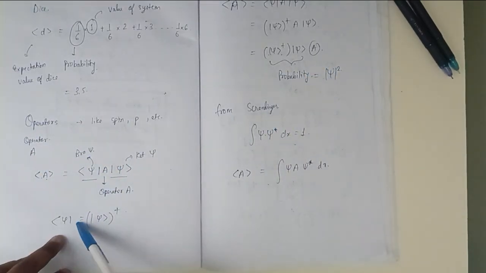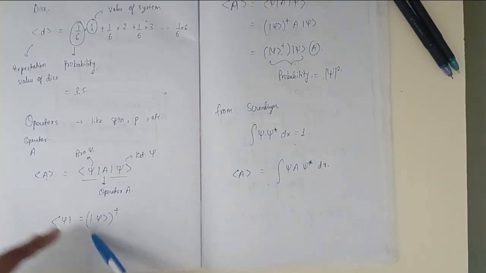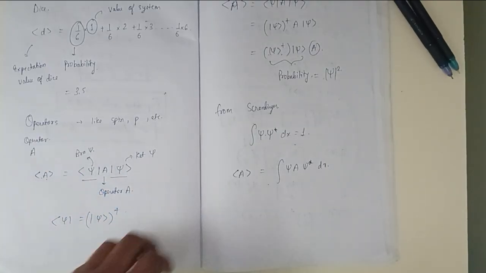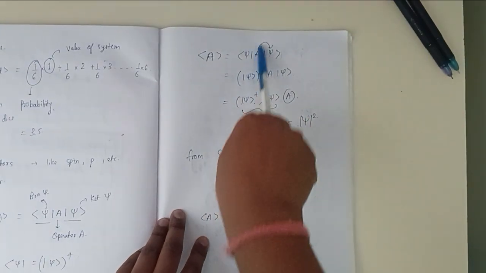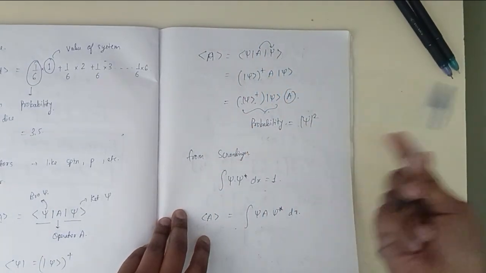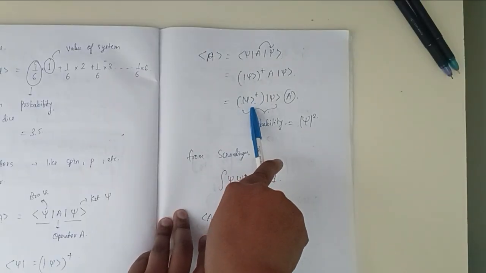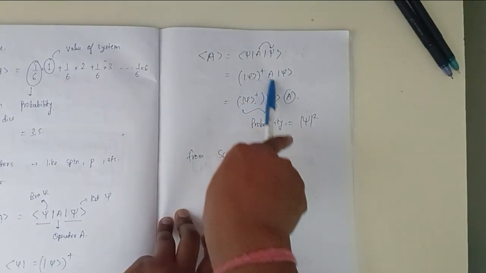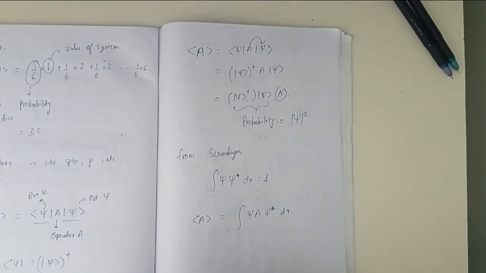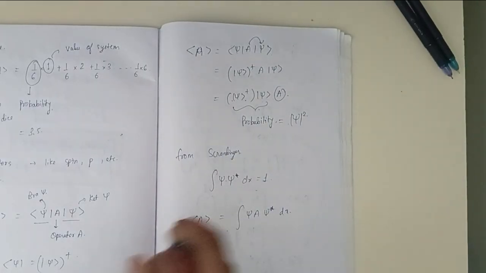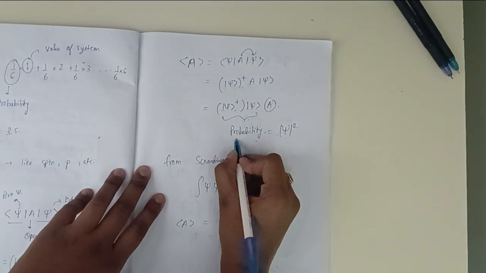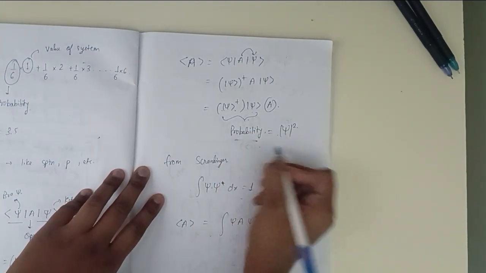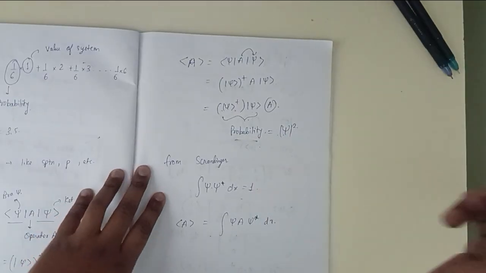And as we know, bra psi equals ket psi dagger. So basically we operate operator A on ket psi, and then we take ket psi dagger and operate it on operator A. The way we have written it is like finding the probability, which is psi squared.